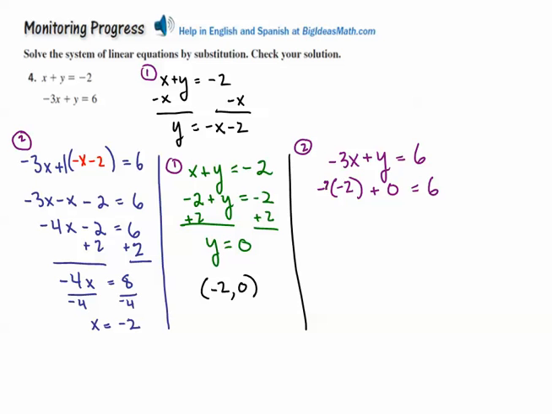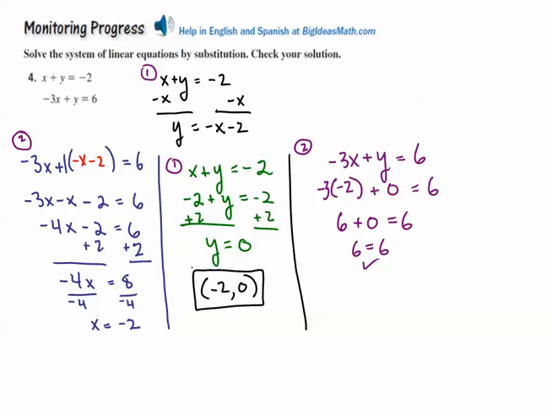Oops, I'm missing a negative 3. It should be negative 3 times x, which is negative 2, and that gives me positive 6 plus 0 is equal to 6. 6 equals 6, and that is a true statement. So my solution is x is negative 2, y is 0.